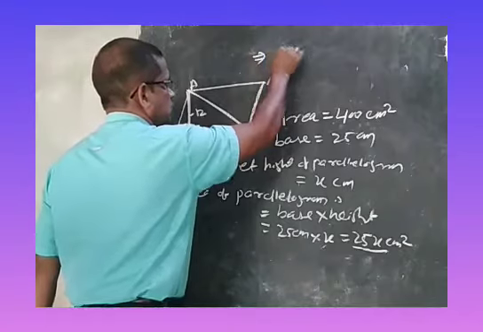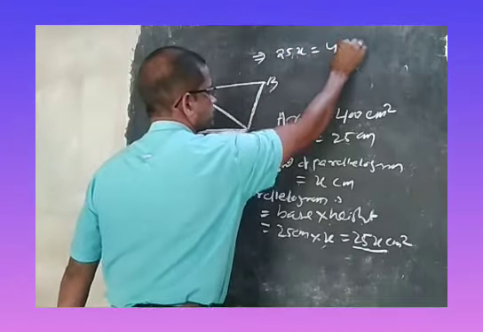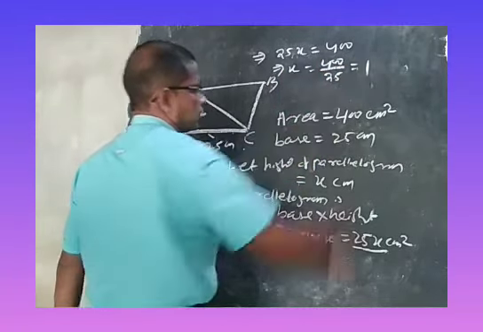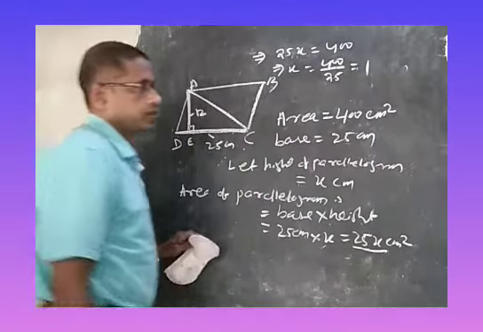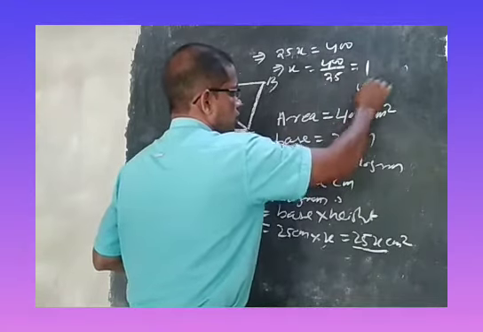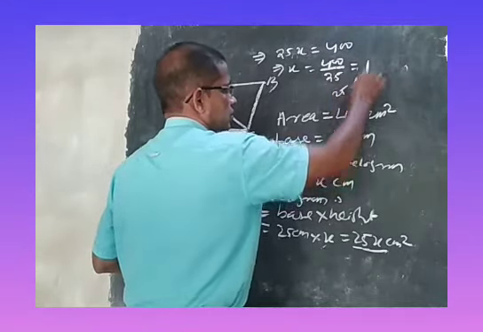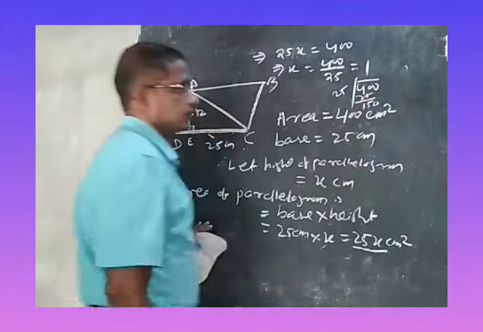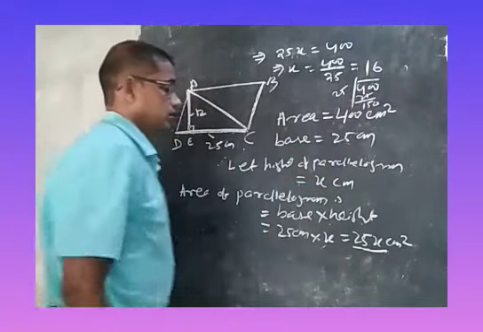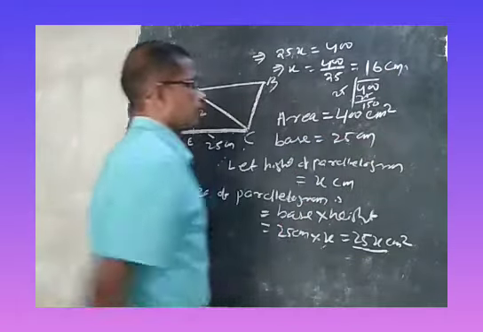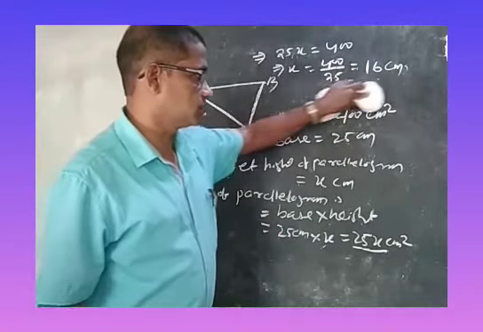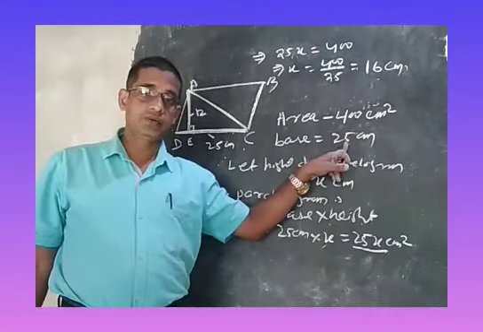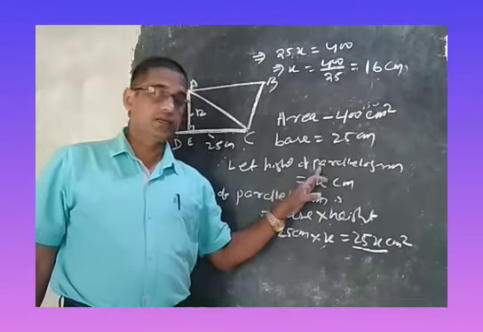This implies 25x equals 400. This implies x equals 400 by 25, which is 16 centimeters. Here the question is that the area is given as 400 square centimeters, the base is given as 25 centimeters, and it asks to find the height of the parallelogram.